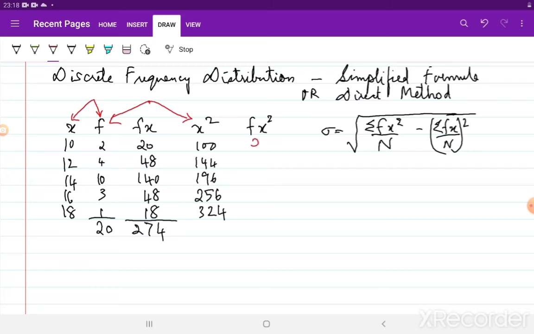So you've got 200, 144 times 4 will be, okay, so sorry, 576, 768, all of which add up to be 3828.